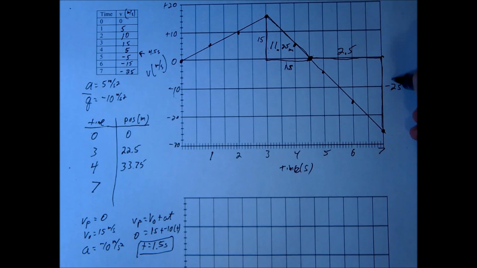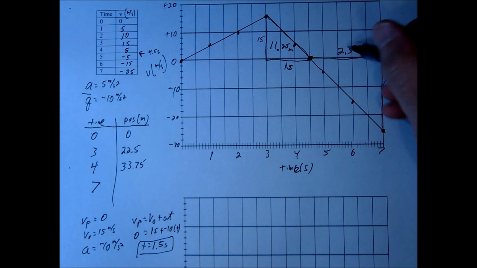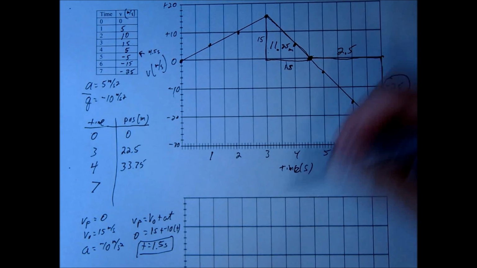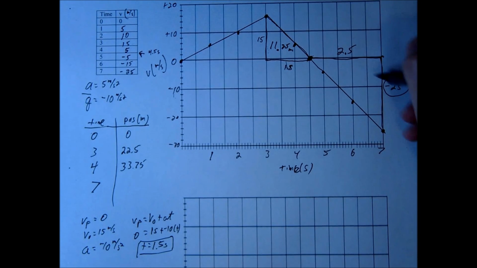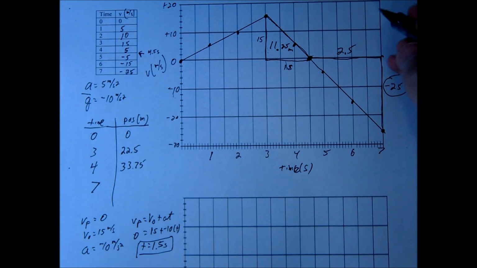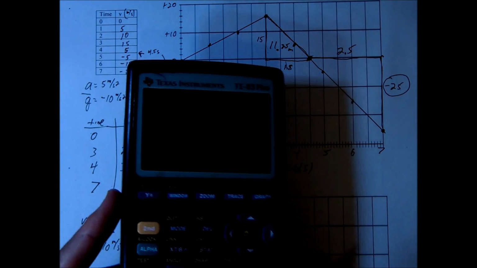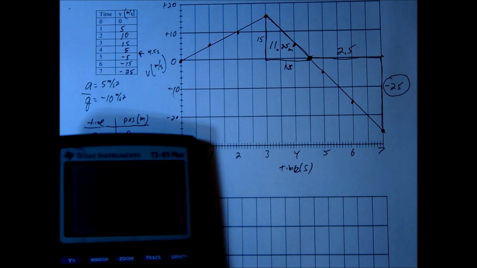Now remember, since we're underneath the axis here, we are going to have a negative displacement. We're going backwards, or in this case, we're going down. So negative 25 times 2.5 times 1/2. Let's go ahead and do that.